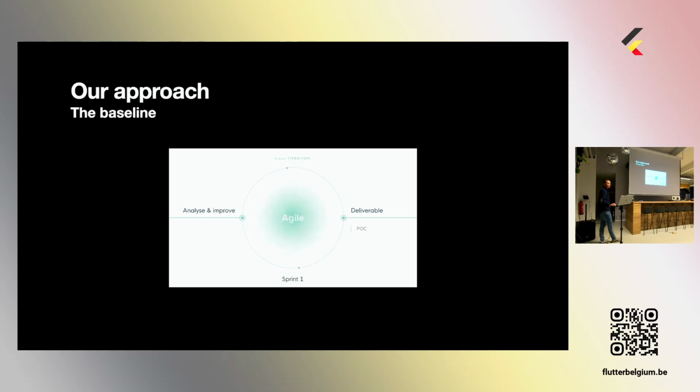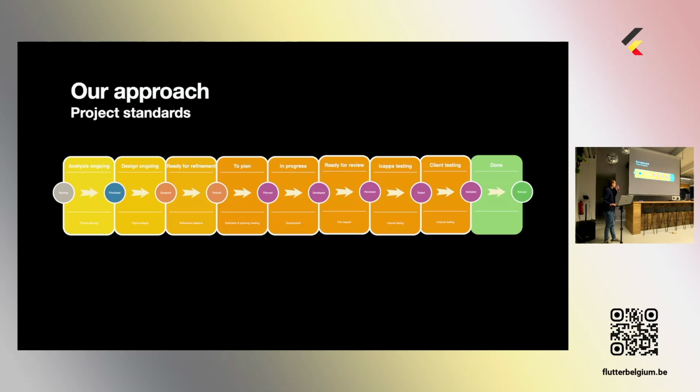It's an agile way of working, and it's how we approach our projects, but it's also how we approach our code. So we will keep iterating on building projects and changing the way we work to deliver even more successful projects. Basically, how we approach our projects is almost every time the same.